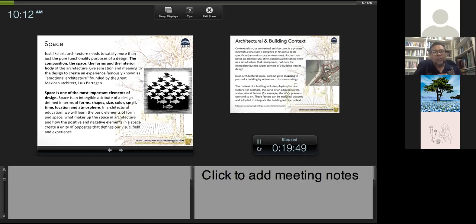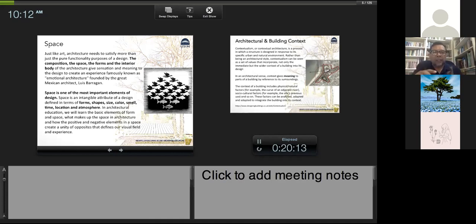That's why I always tell the students that when you design, don't just focus on the plan and after that forget about the plan. Go to the section. The good designer should think three-dimensionally.